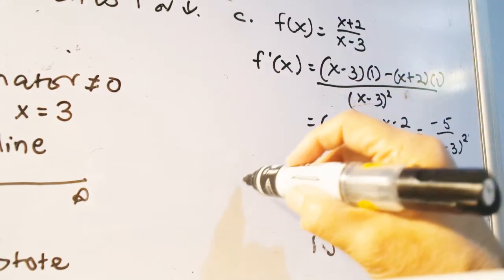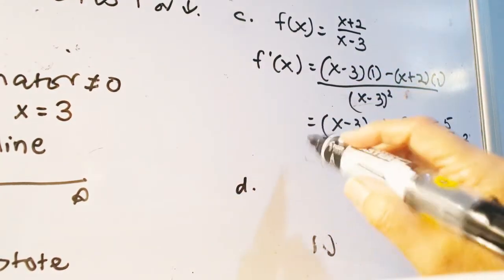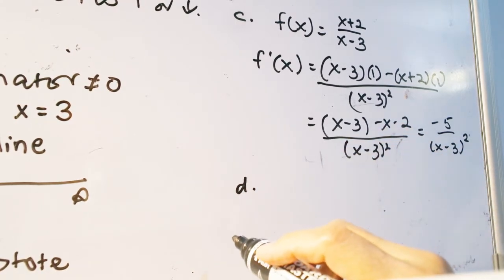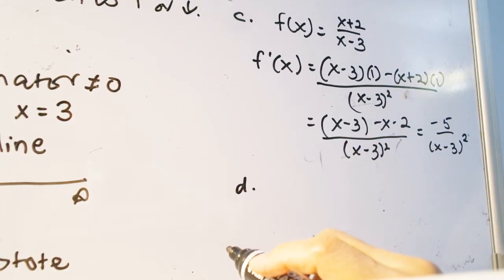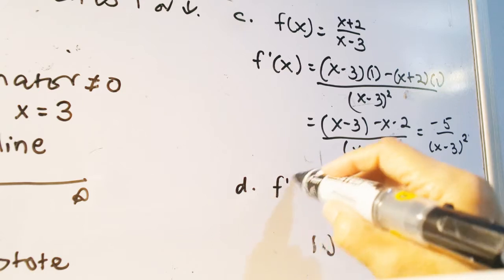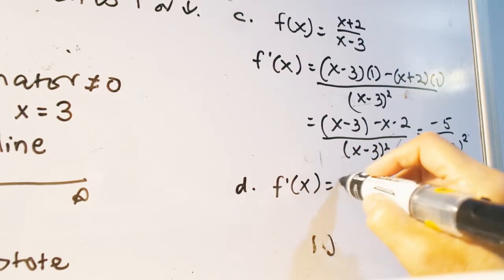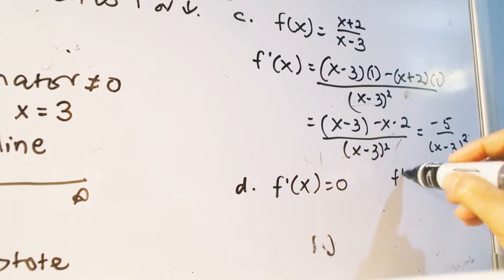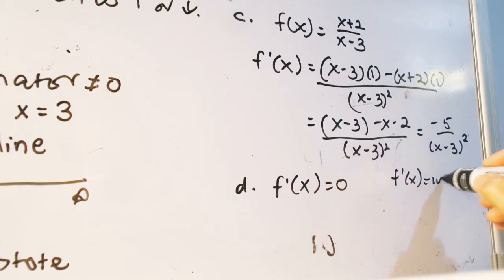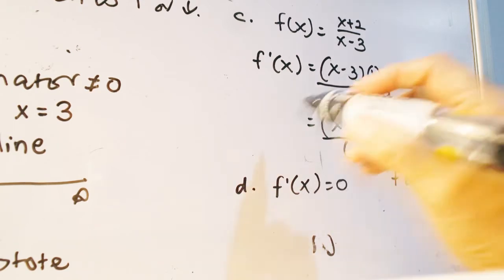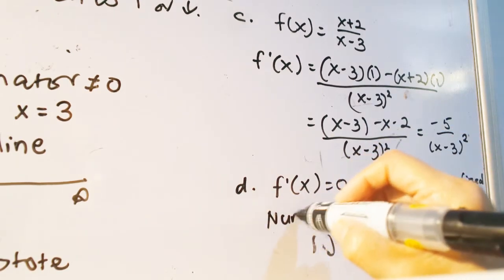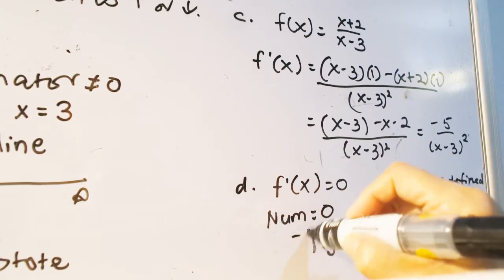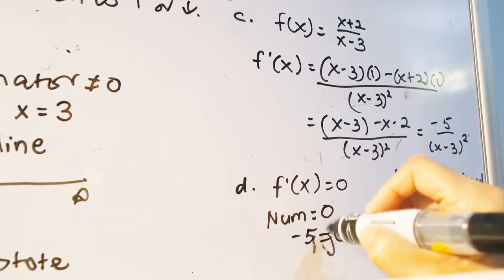Okay, and the next thing, D, we're going to look for where the slope is 0 and where the slope is undefined, right? So f prime of x equals 0 and f prime of x is undefined. So here we have to take the numerator equals 0, minus 5 equals 0, which is impossible.